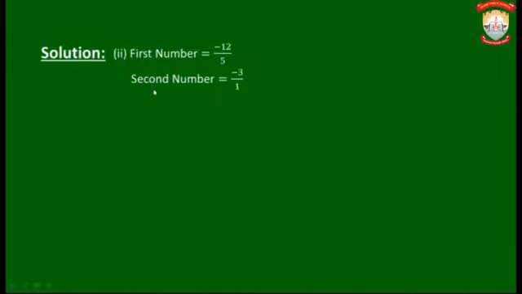Here both denominators are positive, so we can skip our first step. In the second step, we will find the LCM of both denominators. So the LCM of 5 and 1 is 5.